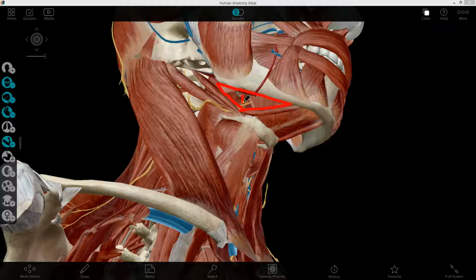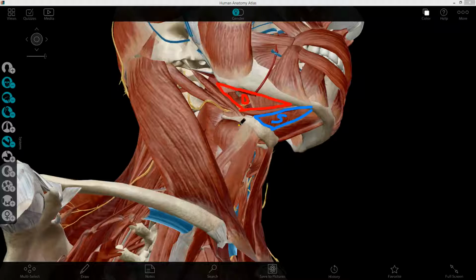So this would be the digastric triangle. And then for the submental triangle, we have the hyoid as our inferior boundary, and then the midline, and then the anterior belly of the digastric. And this is the submental. So those are 2 of our triangles, and that's the suprahyoid group.